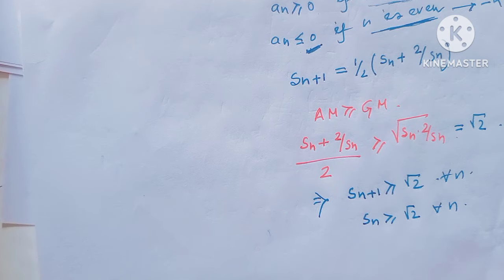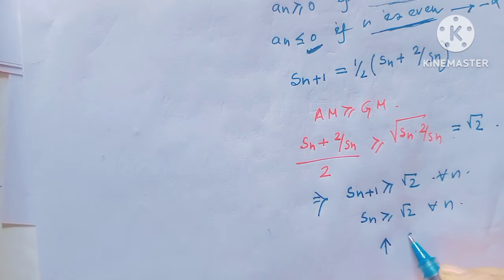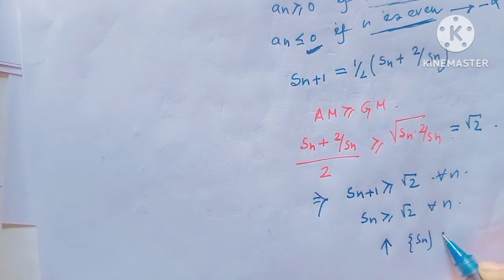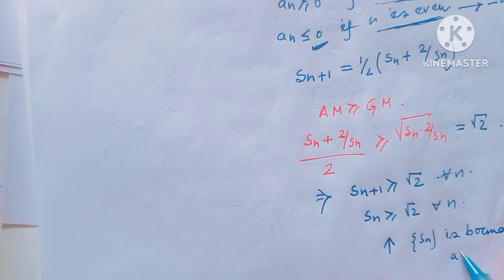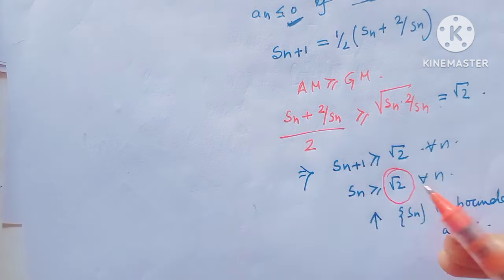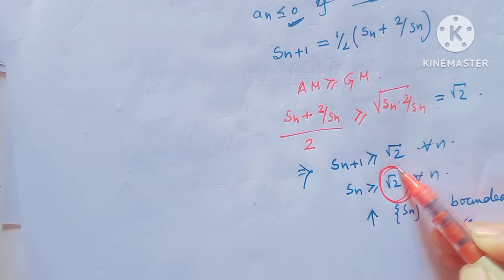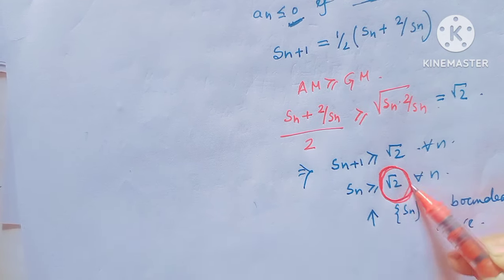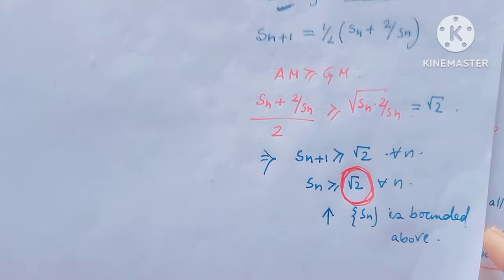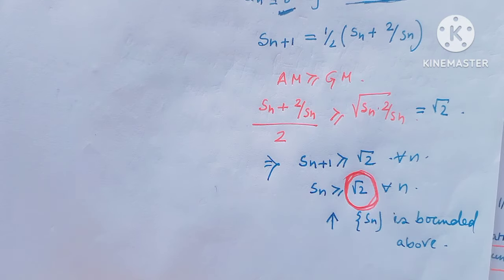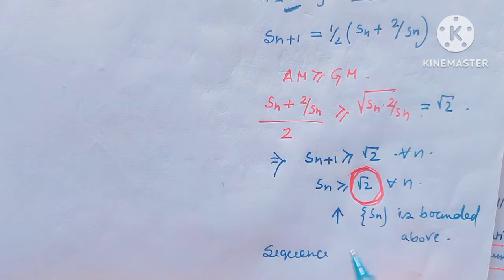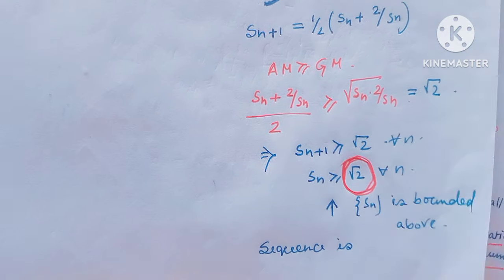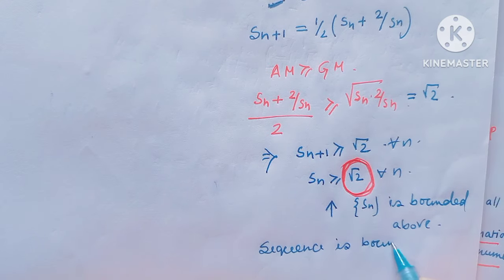That means the sequence Sn is bounded below. The greatest lower bound is square root of 2.